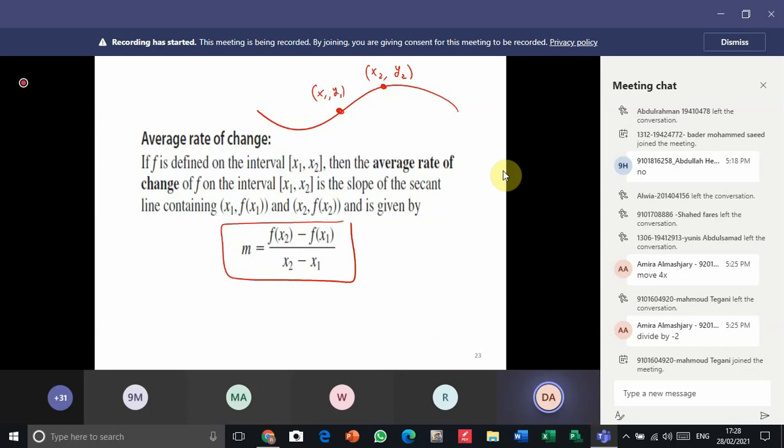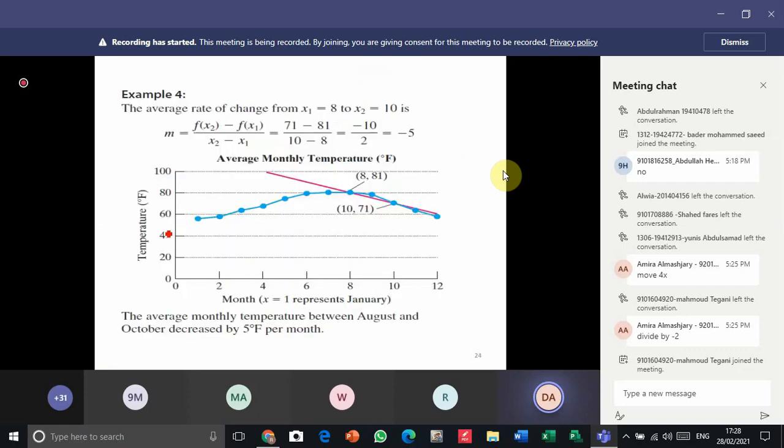Average rate of change, m, equals the value of y2 minus y1 over x2 minus x1. This is the value of the slope, or we can find it by the function: f(x2) minus f(x1) over x2 minus x1.